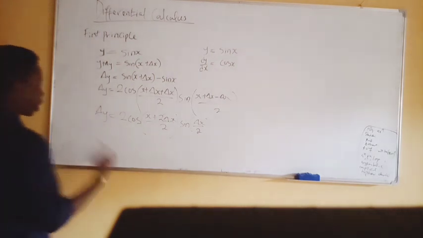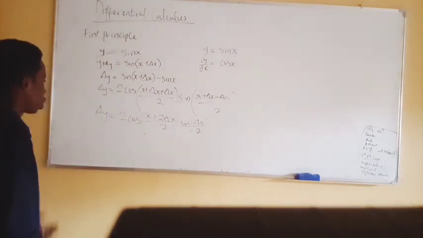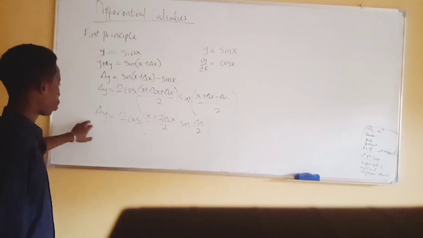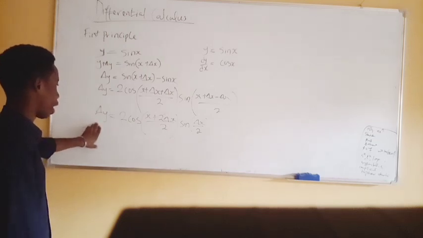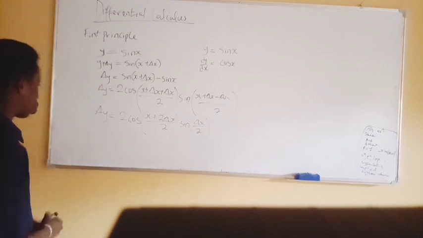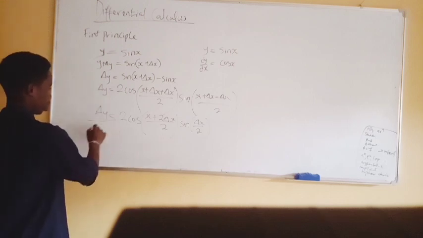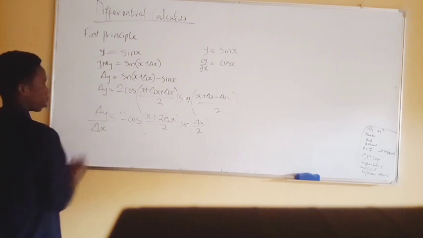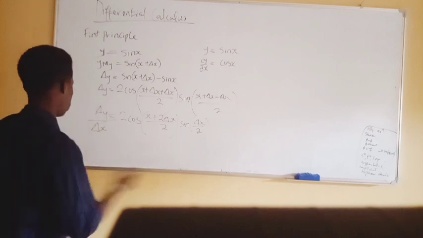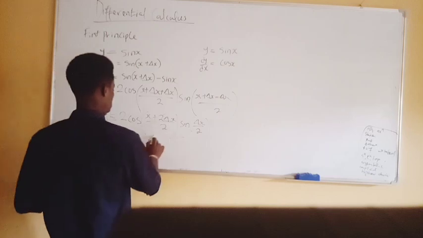Now, what do we do here? We divide by delta x, and we get delta x.